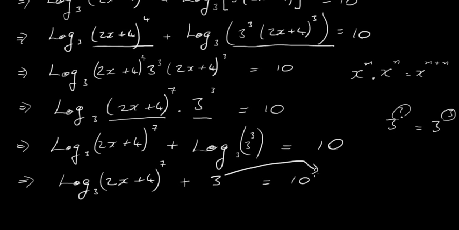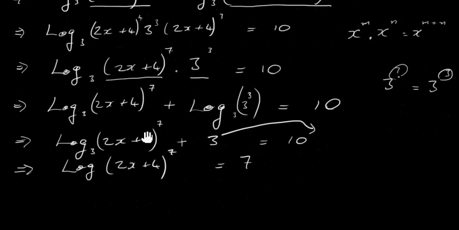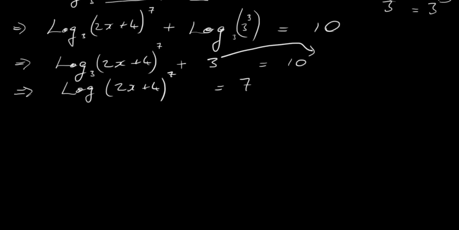Bring this 3 over here, so I end up with log of 2x plus 4 to the power of 7 is equal to 10 minus 3, which is 7. This is to the base 3 as well. Okay, so we're getting there. Now I'm going to convert this from log form to index form.